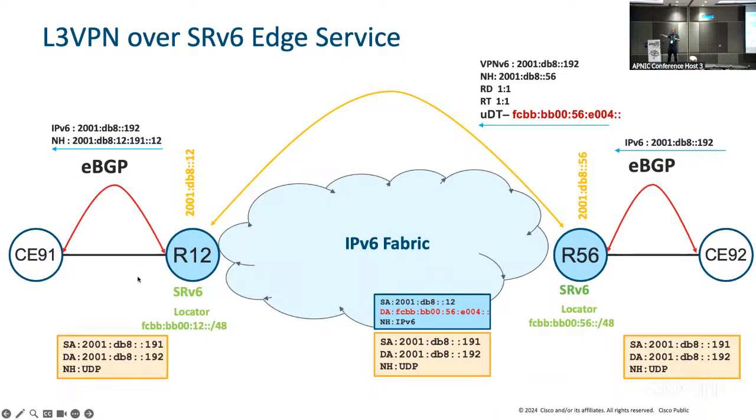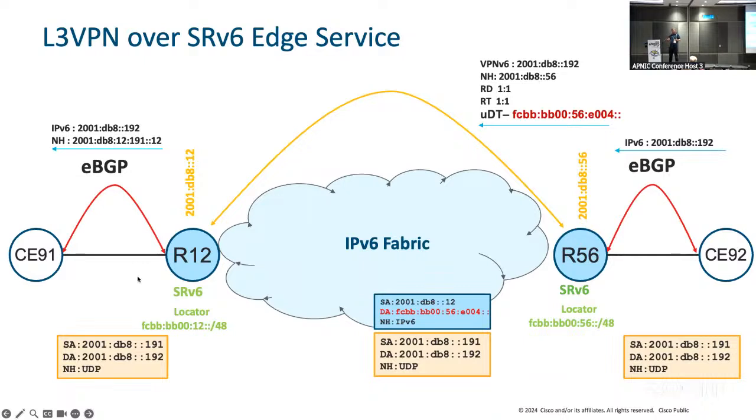So basically my VRF is defined between my egress PE 56 and the CE92, and similarly on the source node, CE91 is paired with router 12.